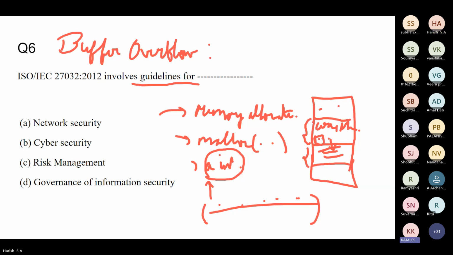Some of these memory spaces are not that dangerous. Some of these memory spaces are dangerous in the sense that whatever is there in this memory space is in execution. Whatever is there, that code is executed.